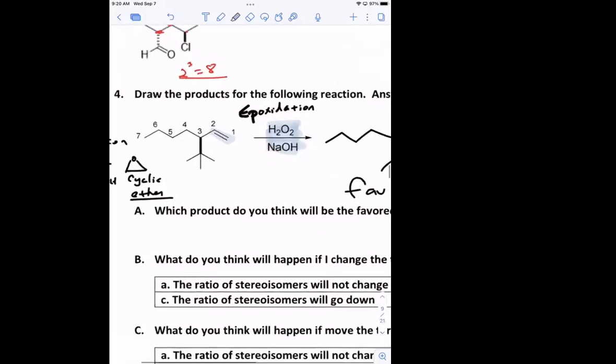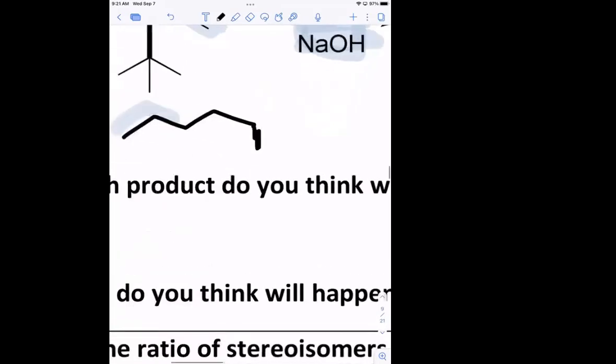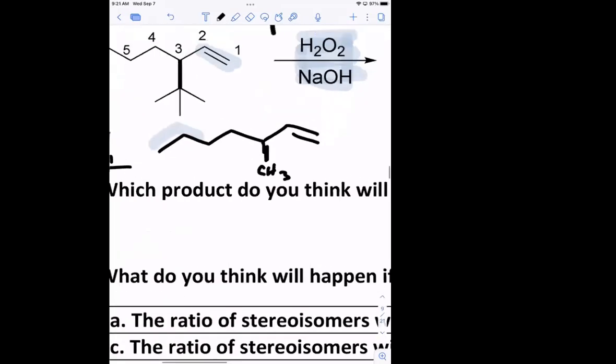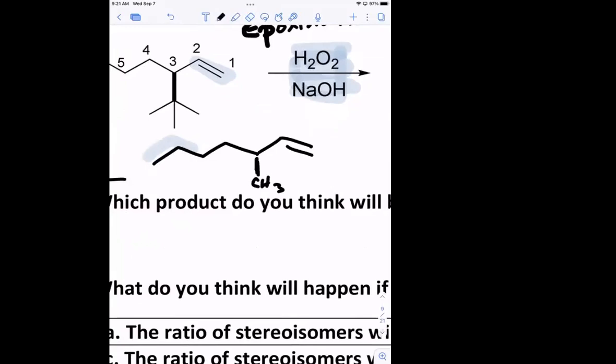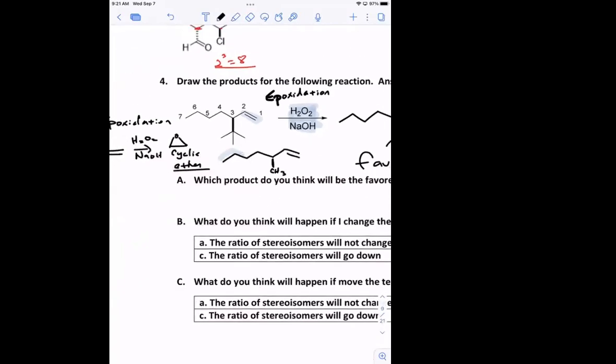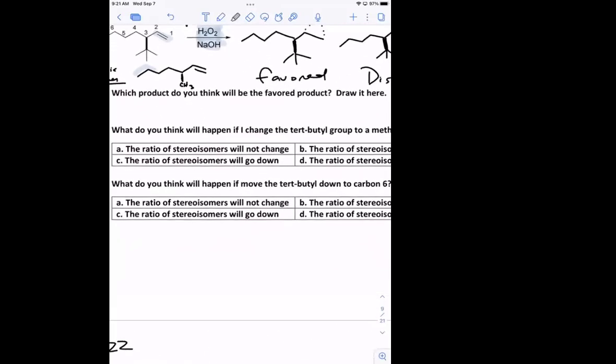If I took the same molecule, but instead of a tert-butyl, I just put a CH3 here, what have I done? I've made the substituent on the chiral center smaller, haven't I? So it would be closer, and the ratio of stereoisomers would go down. It should decrease, right?